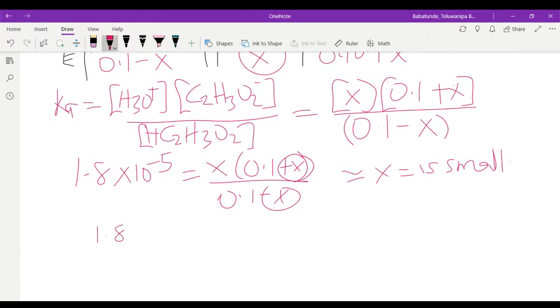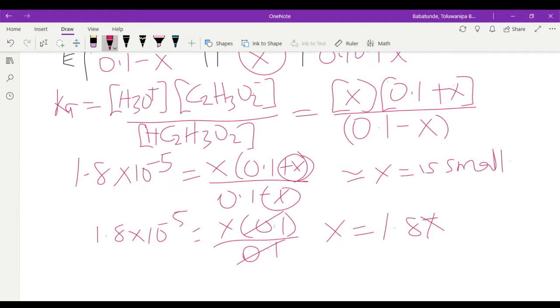So we have 1.8 times 10 to the negative 5 equals x times 0.1 over 0.1. The 0.1 values cross out, and our x is 1.8 times 10 to the negative 5.